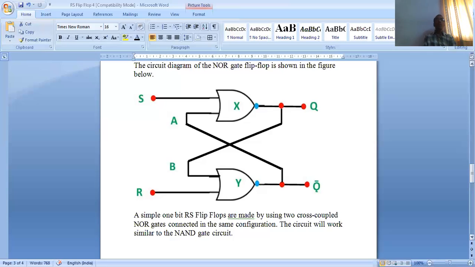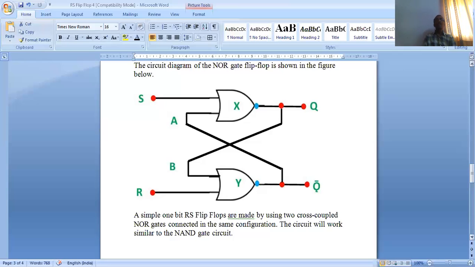Then, when R equal to 0, S equal to 1, this R equal to 0 gives the output of the lower NOR gate Y as 0 plus something. It gives the output Q bar equal to 1.